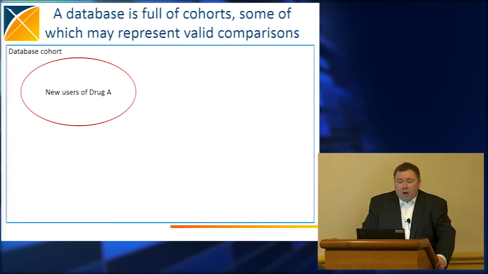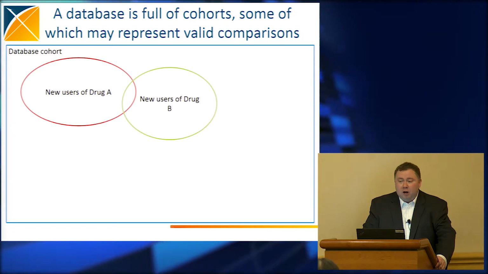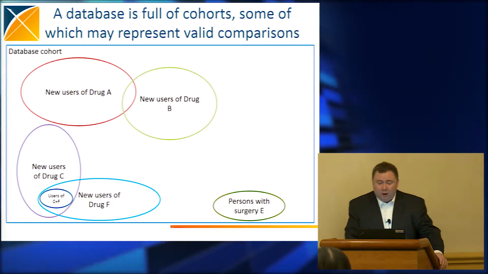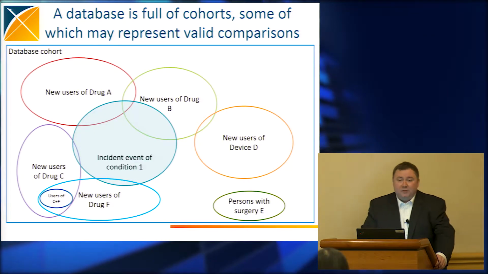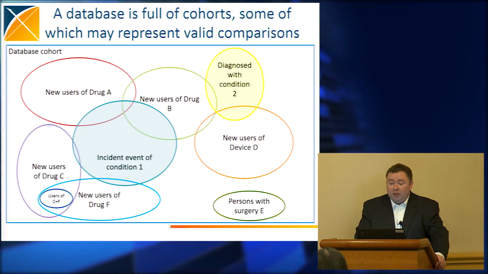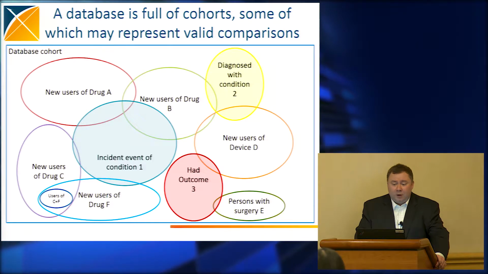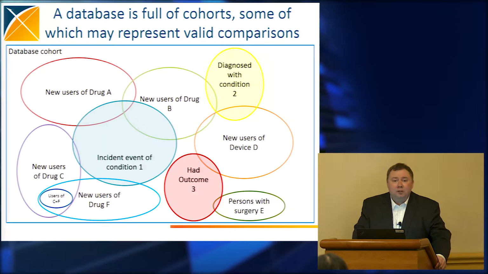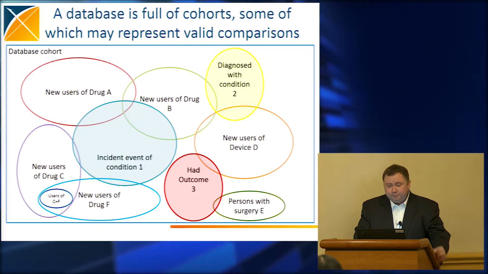So if you've got an OMOP common data model, you've got a population of people with lots of observations, and we can define lots of different cohorts under this framework. You might be thinking about new users of a drug. You might have lots of different drugs in your database. You might have people who have a surgery, people who have taken multiple drugs concomitantly, people with a condition, people with a device, people who had an outcome. These are all cohorts that can be manifest and represented in your population.